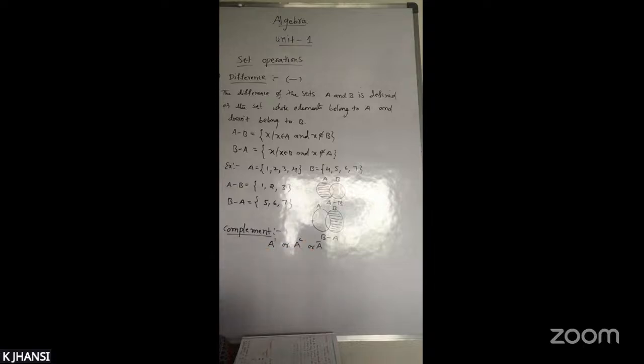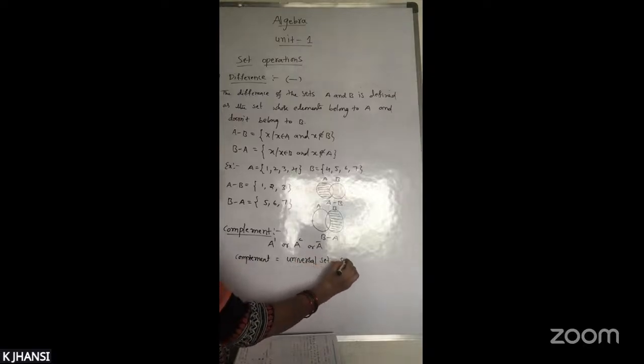So complement means universal set minus set. So already we have seen what the universal set is. Universal set minus set. Whatever set is given in the problem, if you subtract the set from the universal set, whatever the result you get will be the complement of the set.